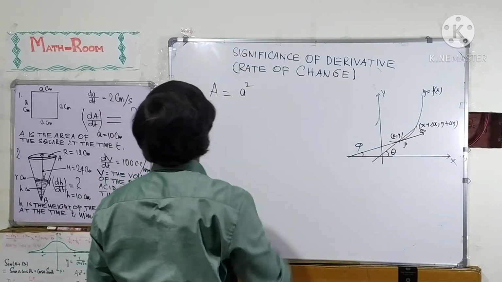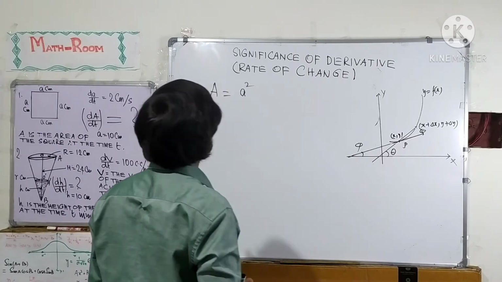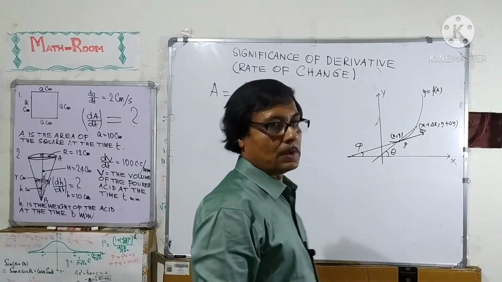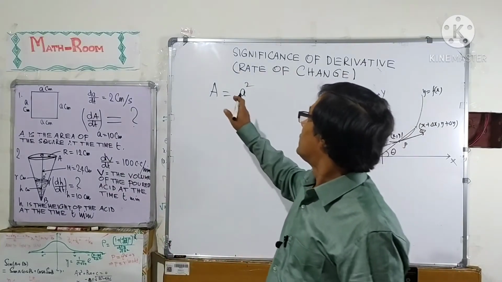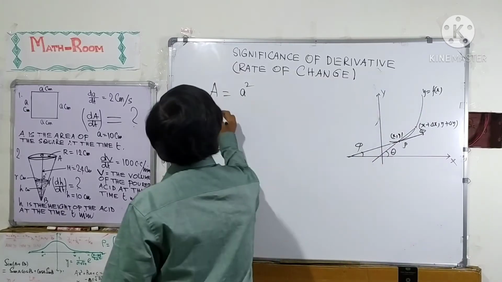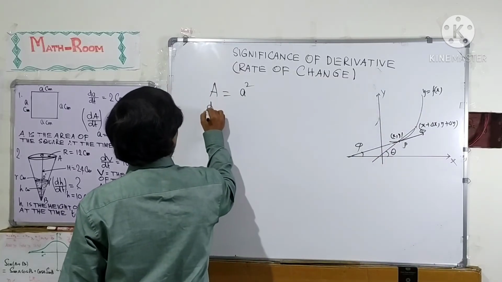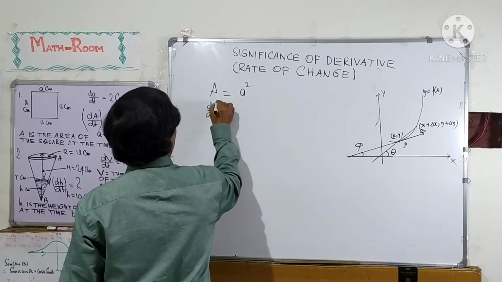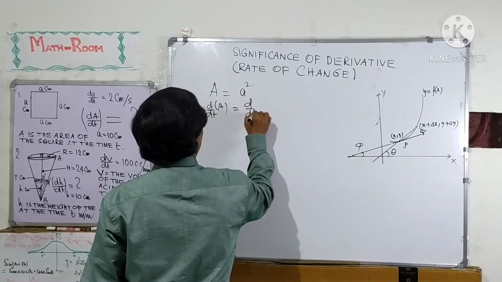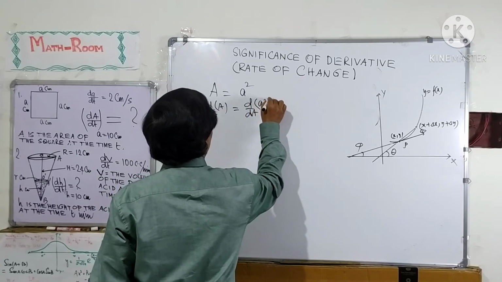Now we take differentiation with respect to time t on both sides. So d/dt of A equals d/dt of a squared.